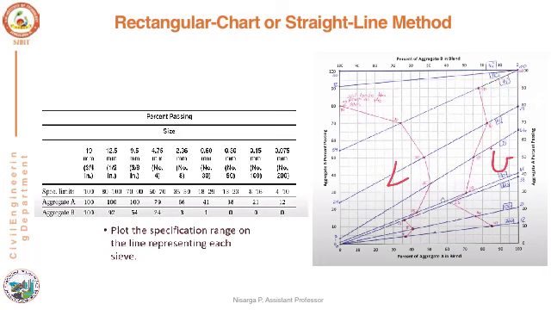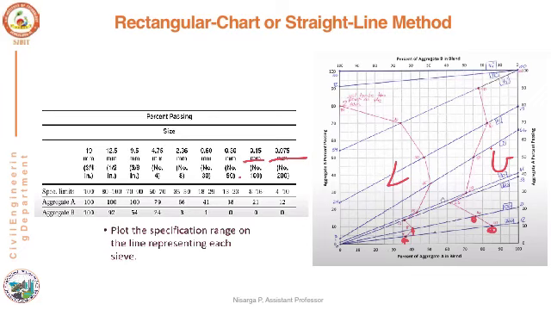For example, for 0.075, 4% is the lower limit value and 10% is the upper limit value. For 0.15, 8% is the lower limit value and 16% is the upper limit. So on the leftmost side, we obtain the lower limits of the specification, and on the right side, we get the upper limit of the specification range.